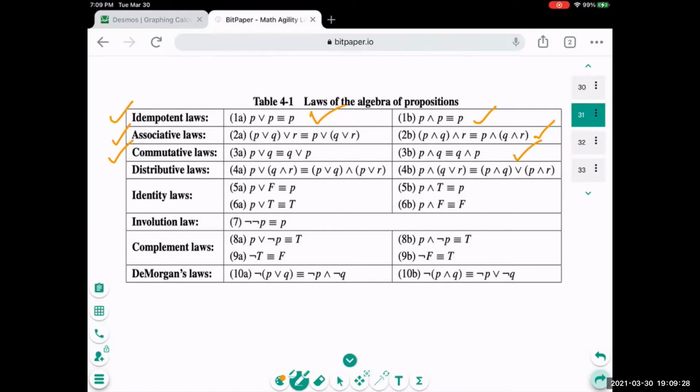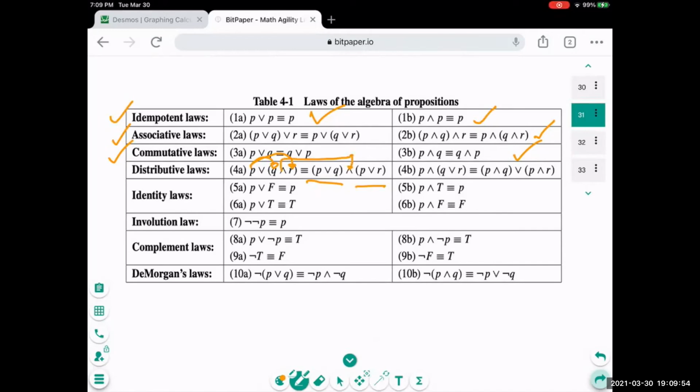Next is yung distributive laws. So, i-distribute natin yung P sa disjunction ng Q and R. So, ito yan, yung first part. And then, yung P naman sa R, ito yung last part, right? Nakita natin na maintain yung symbol na conjunction sa middle.